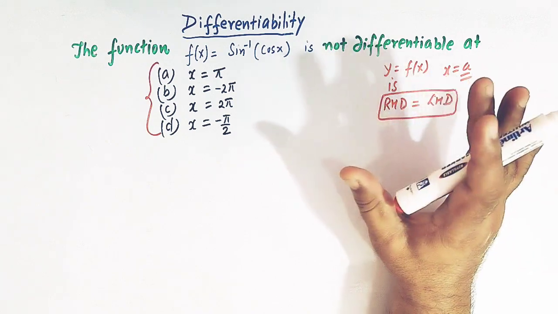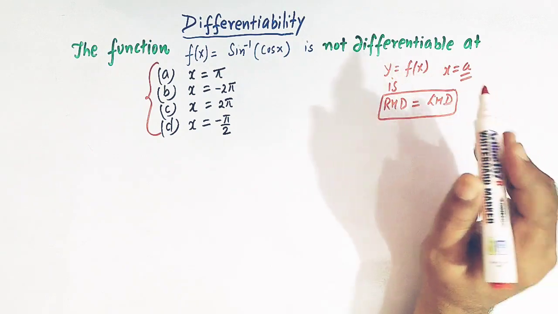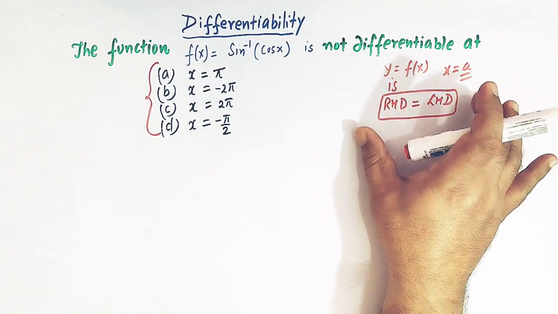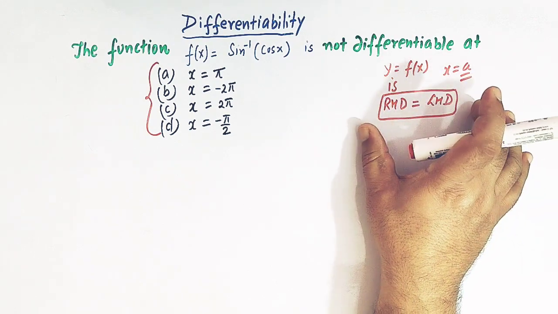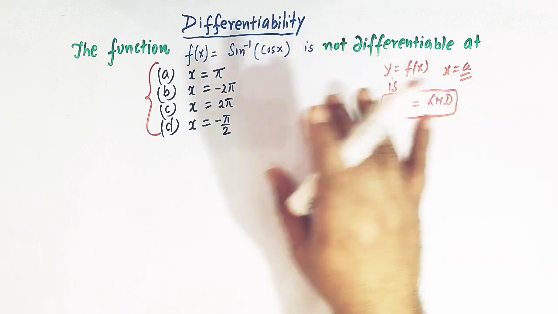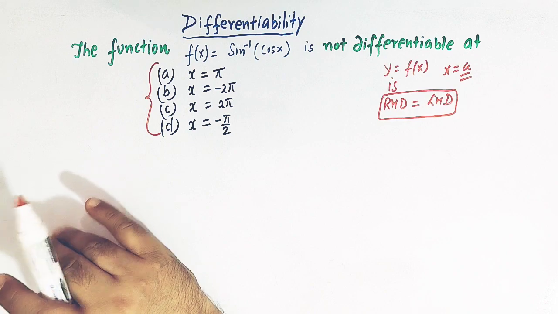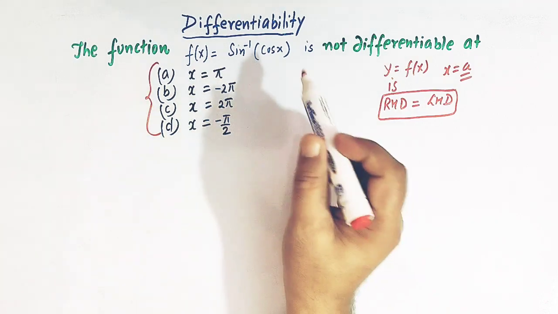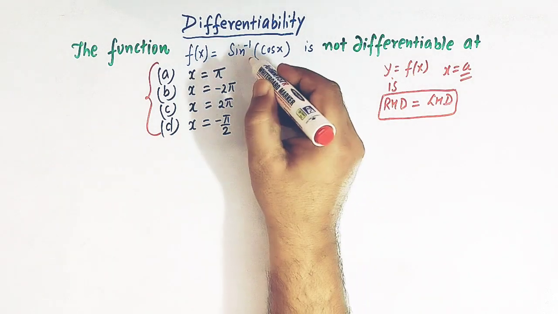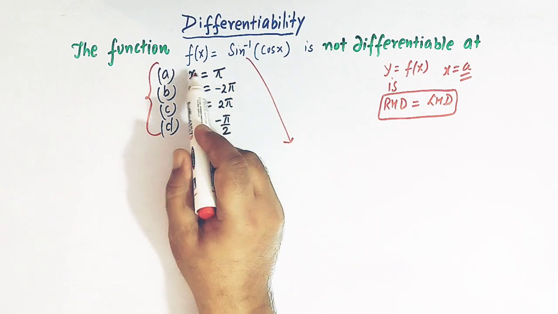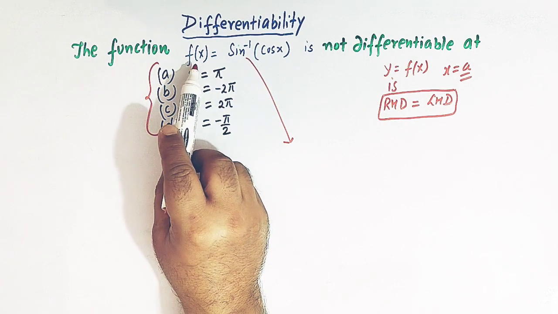In this case we have to find the values of x for which this function is not differentiable. So let us first find out the derivative of this function f of x.